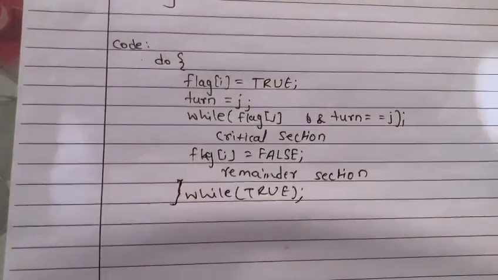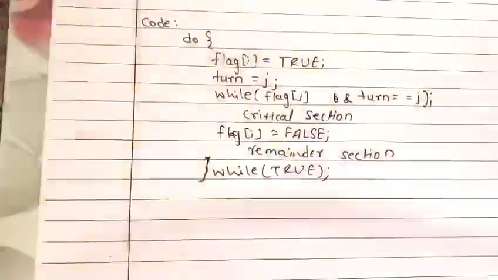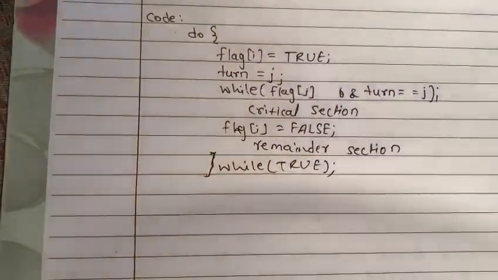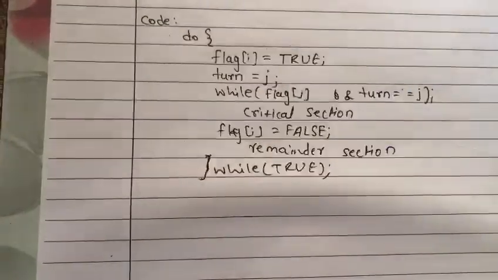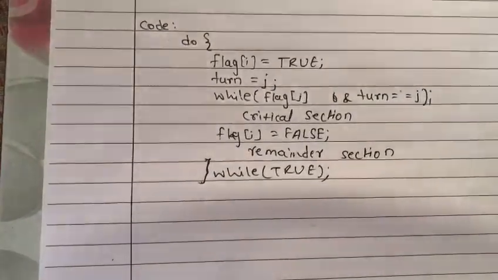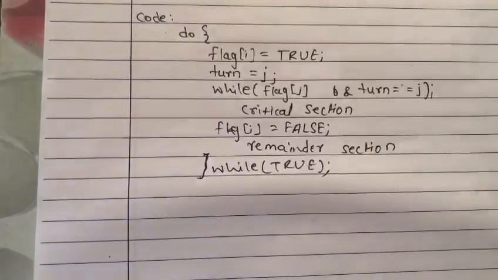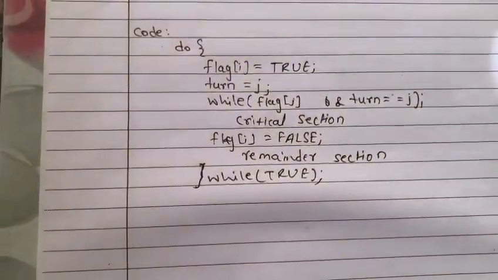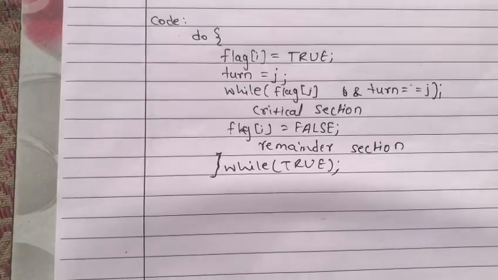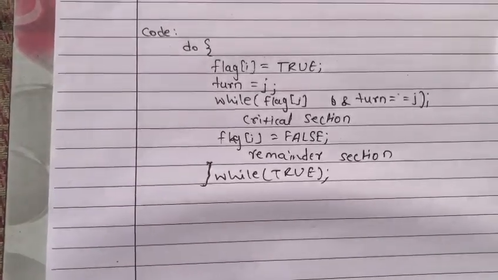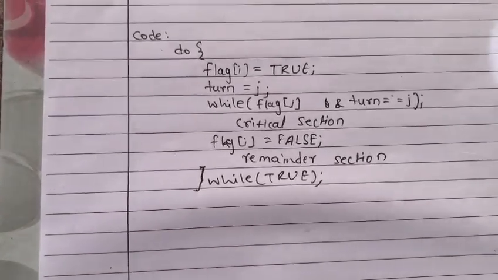Flag is an array where each process tells whether it wants to enter the critical section, and turn is a shared variable that tells whose turn it is. Now we discuss step by step. Each process sets its flag[i] true to show it wants to enter the critical section.